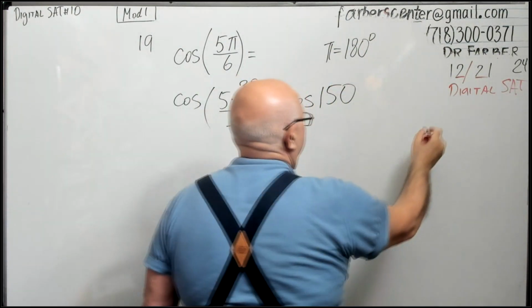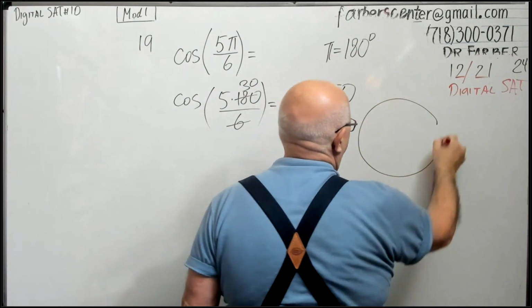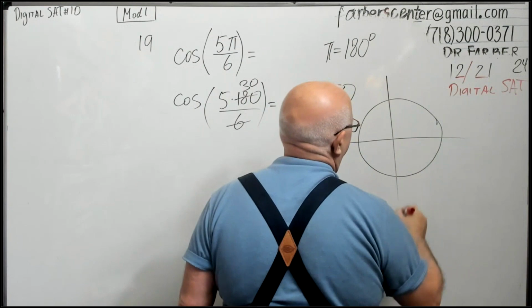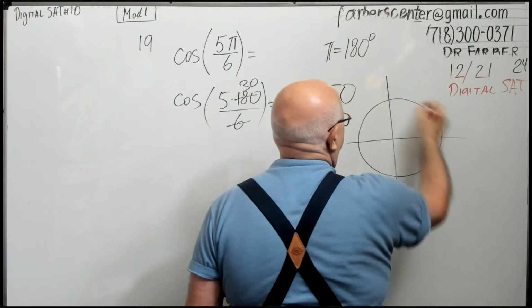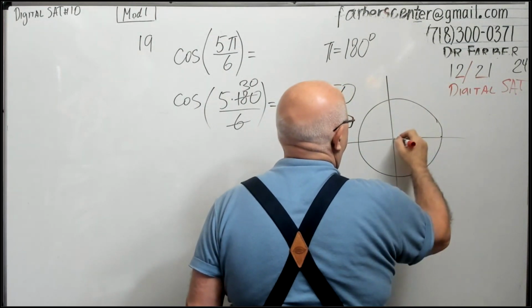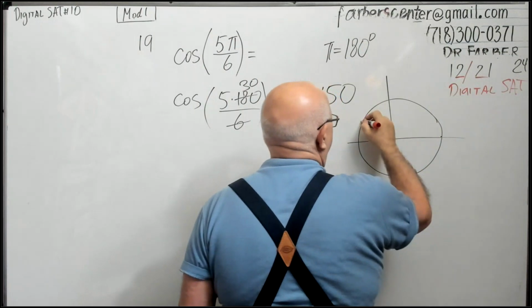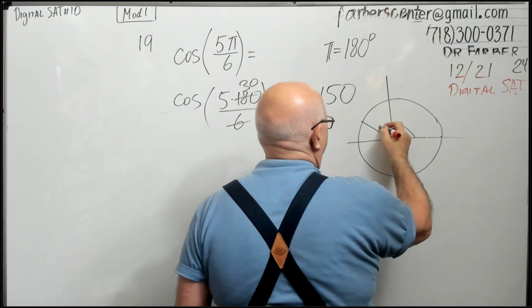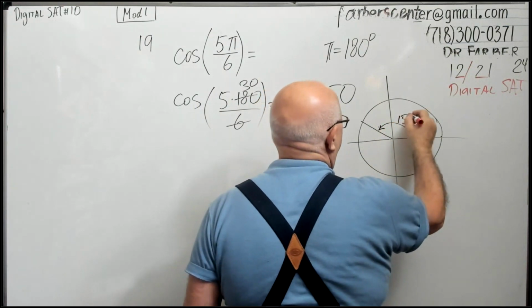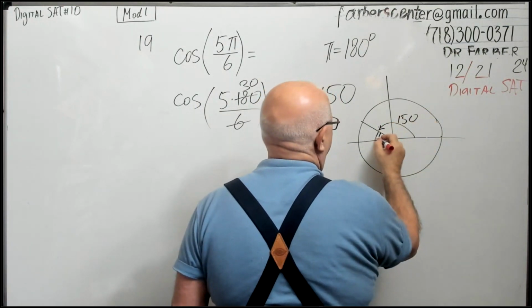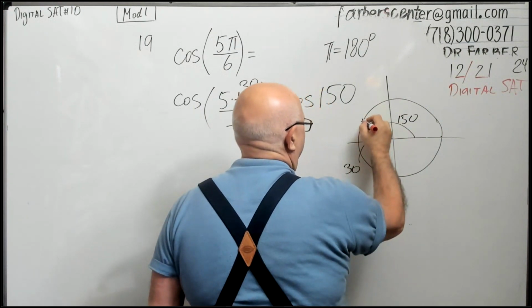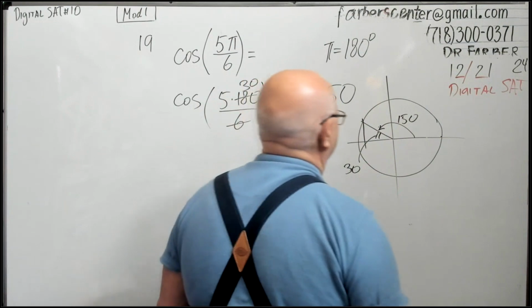If you make a unit circle, and this is 90, you count counterclockwise. And this angle is 180, the entire angle. And this is 150. So this angle is 30 degrees. And cosine is the projection to the x-axis.